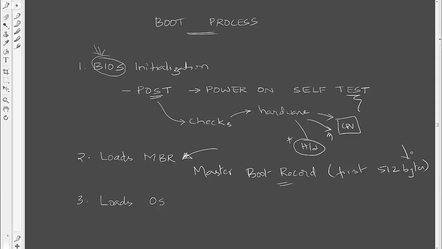We'll talk about this in a later video, what these bits, bytes, megabytes are. We'll talk about that later. But for now, let us just assume that there is something called MBR on the hard drive, and this information is loaded.